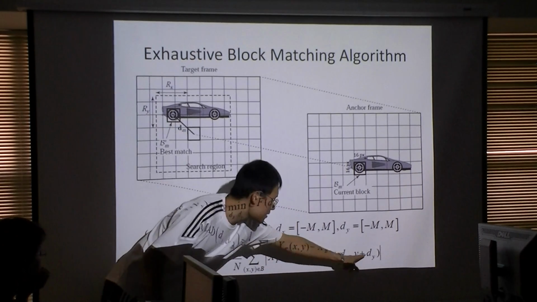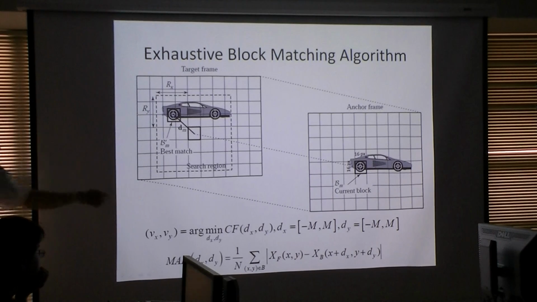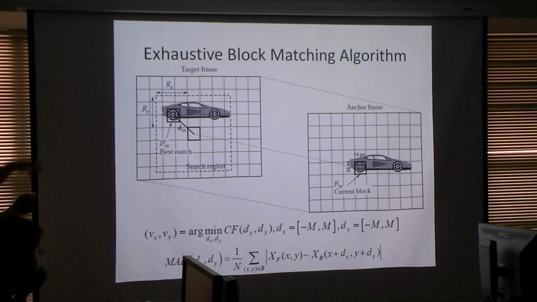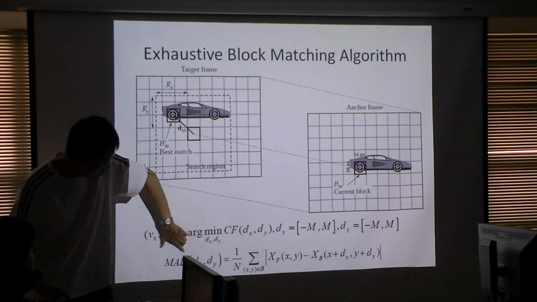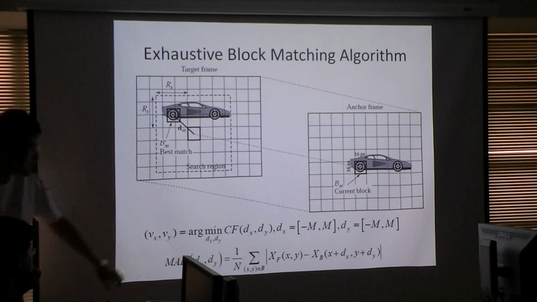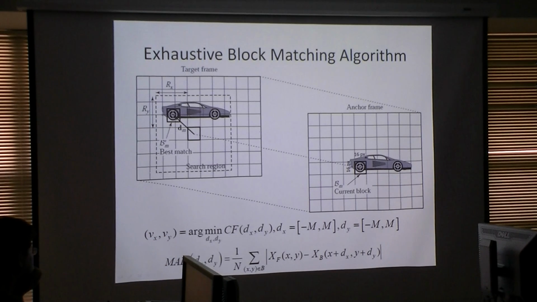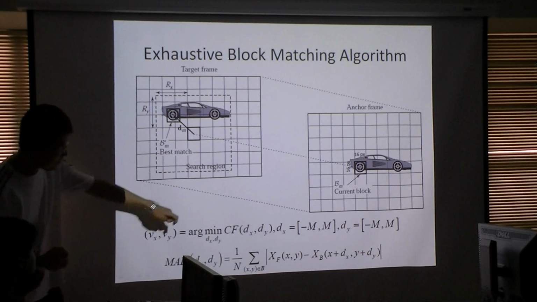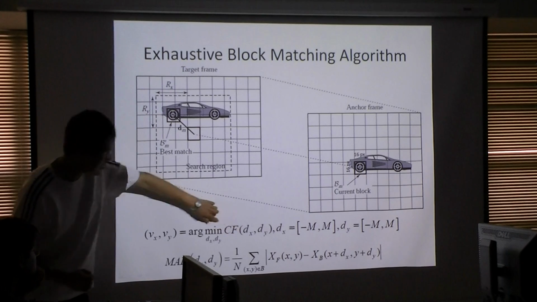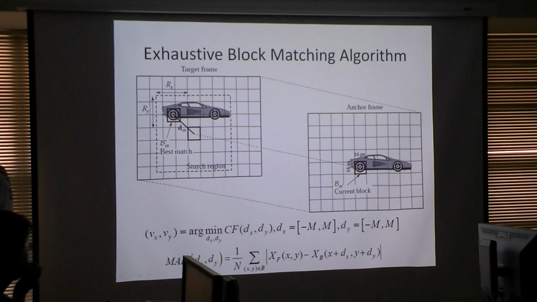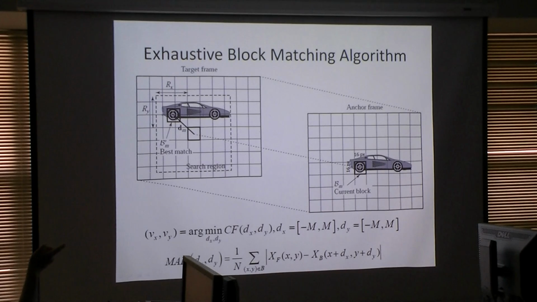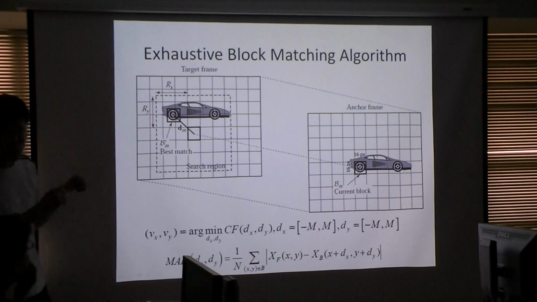Here dx and dy are the horizontal and vertical displacement. You can also replace this mean absolute distance by mean square distance. And finally, we try to minimize this cost function. M is the size of the search region.